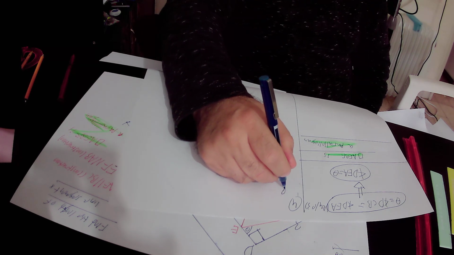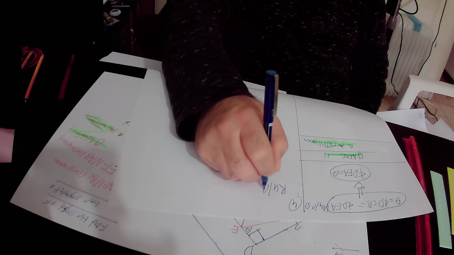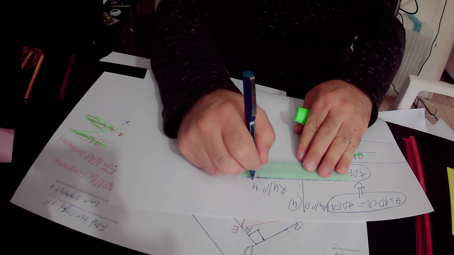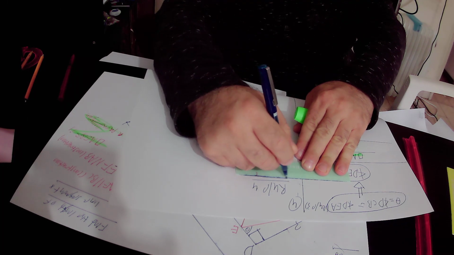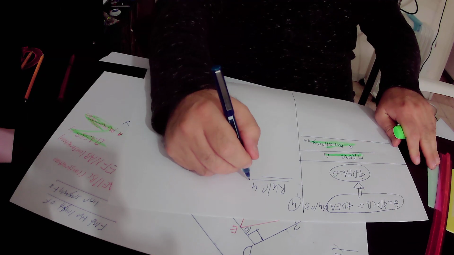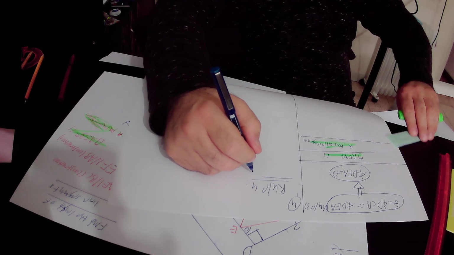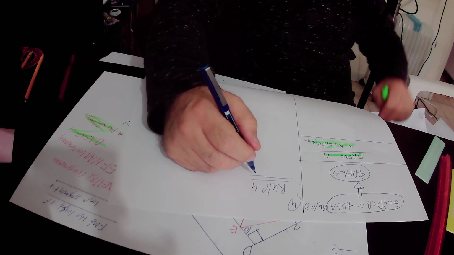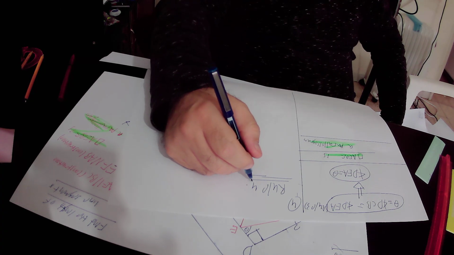According to rule number 4, the opposite sides of a parallelogram are equal to each other.